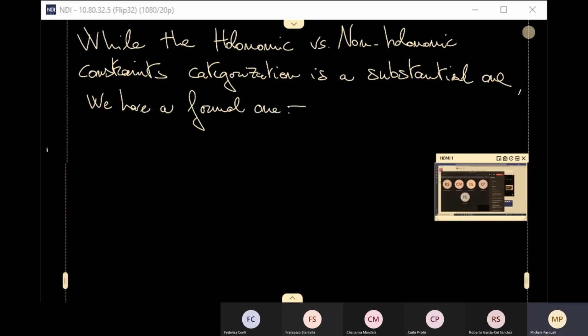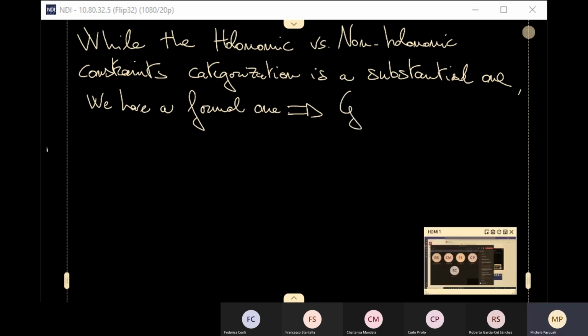Which is the geometric versus kinematic. Okay, so here we have holonomic and non-holonomic, and then we have geometric and kinematic.